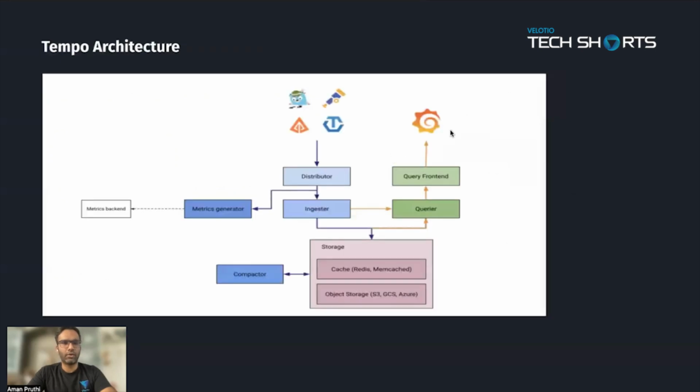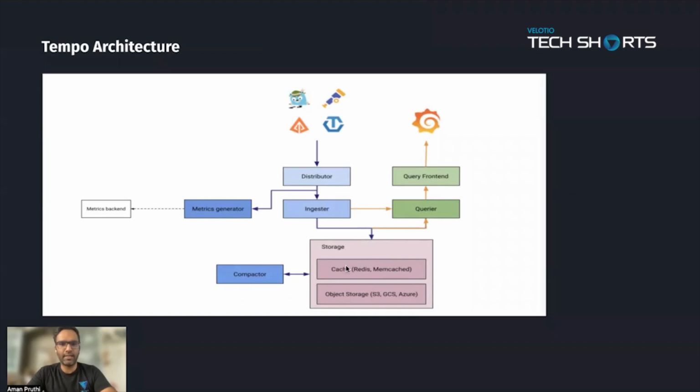Okay, so let's go to the Tempo architecture. It is very similar to what we had for Loki, where SDKs generate traces which are ingested using the distributor and ingester into an object storage.